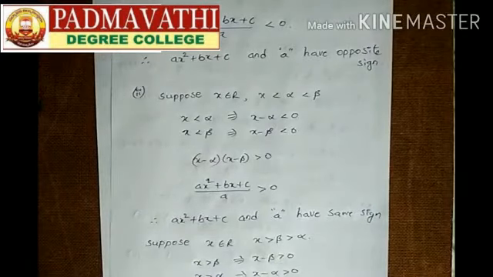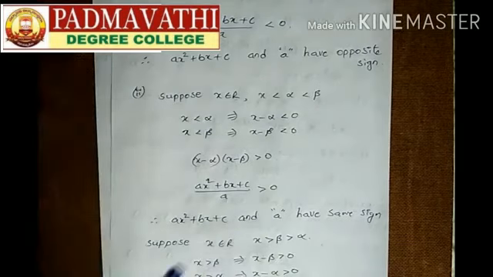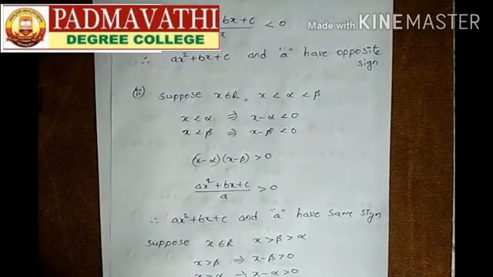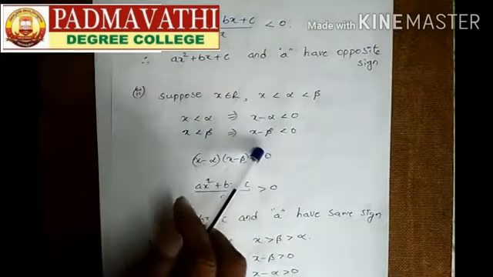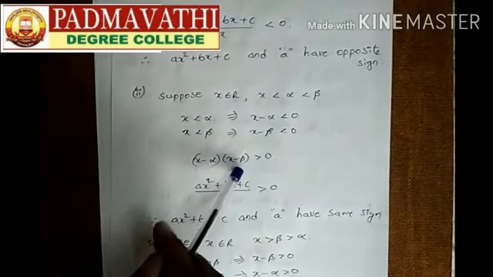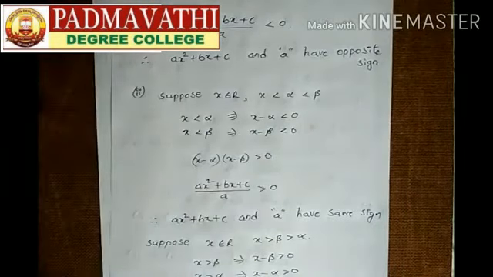Similarly, x less than beta means you can take it as x minus beta also less than 0. Now multiplying these two values, both are negative: x minus alpha and x minus beta. When you multiply two negative values, the product will be positive. So (x minus alpha)(x minus beta) will be greater than 0.